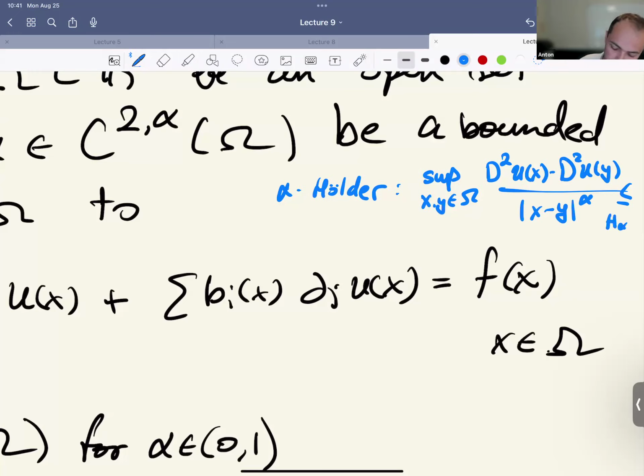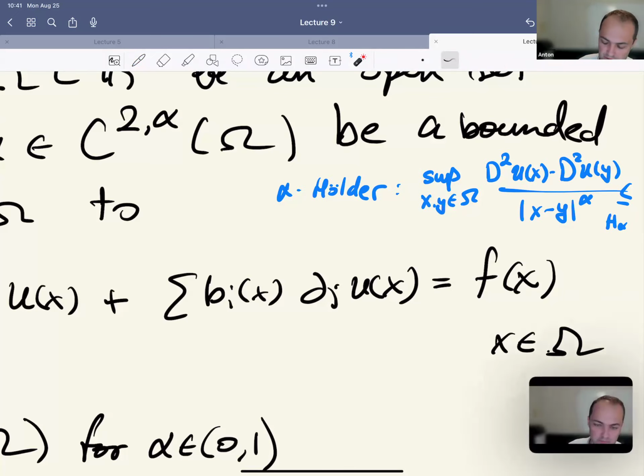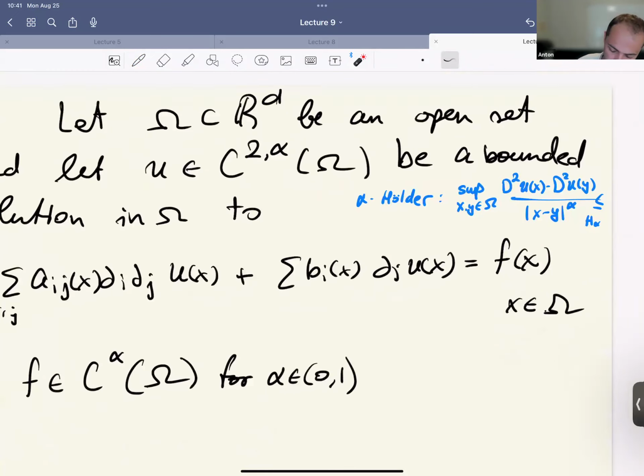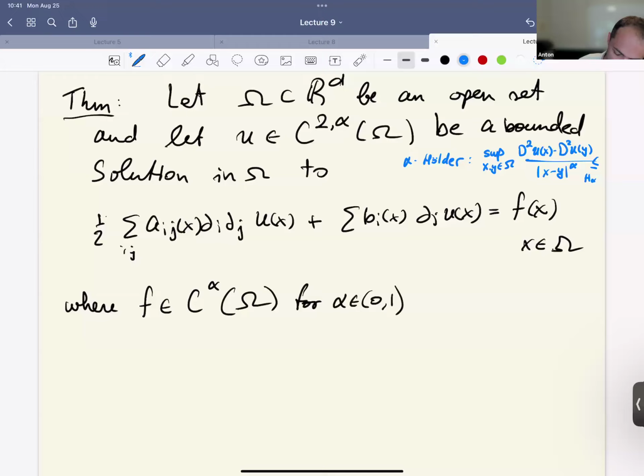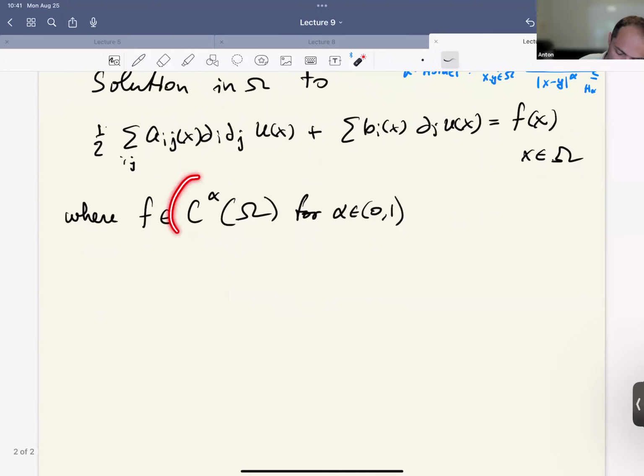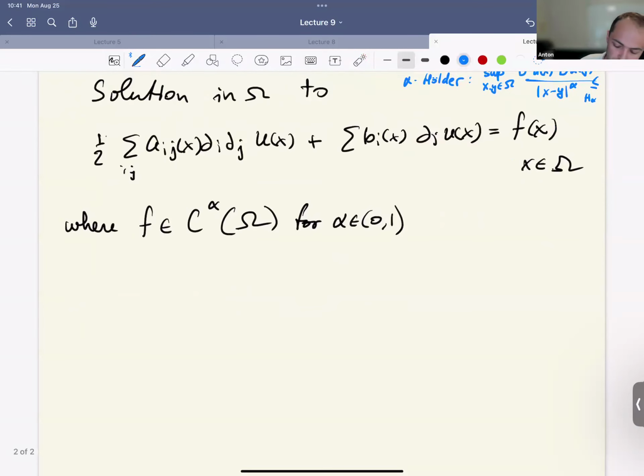Again, if alpha is equal to 1, then this is basically Lipschitz continuity. And here f in C alpha means that this is also alpha Hölder continuous. We're used to dealing with Lipschitz continuous test functions. If the function is Lipschitz continuous, it's also alpha Hölder continuous.